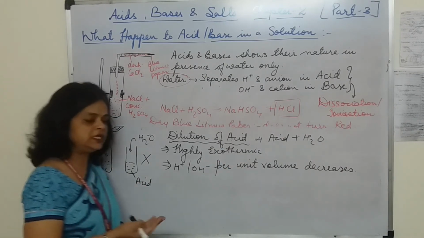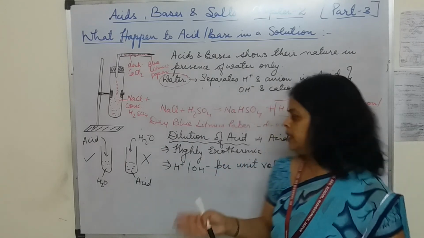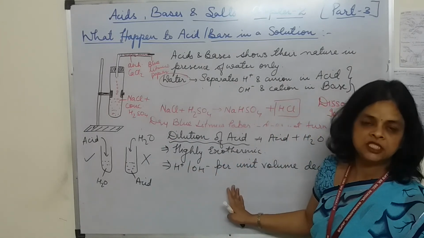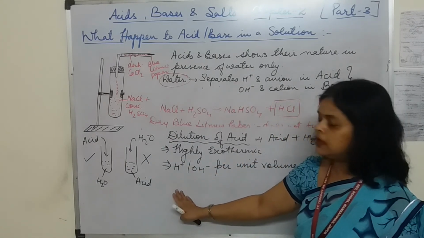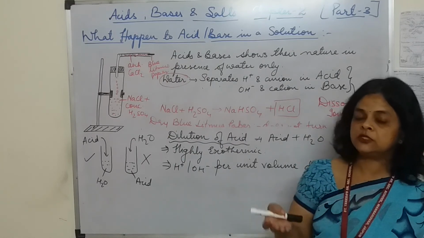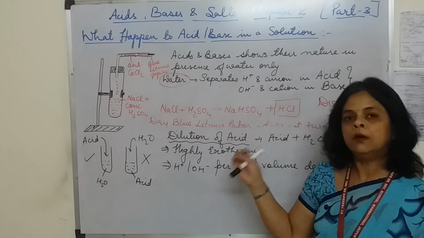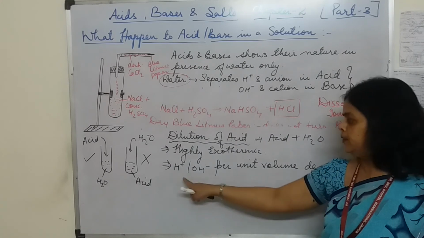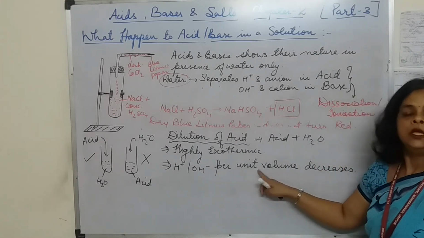If you have to decrease the concentration of an acid, you add water, because the number of H ions per unit volume gets decreased. If you have to increase the strength of an acid, you add some more acid to it, so that the hydrogen ions per unit volume will increase.